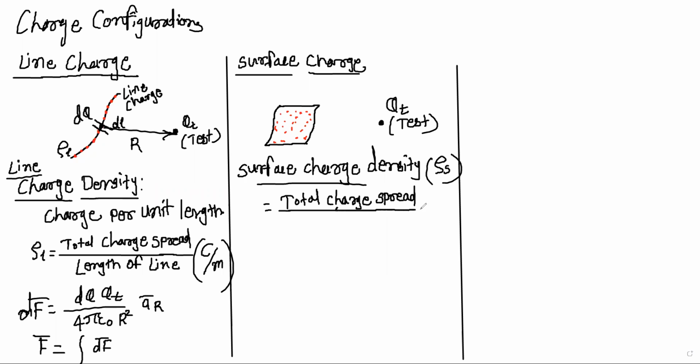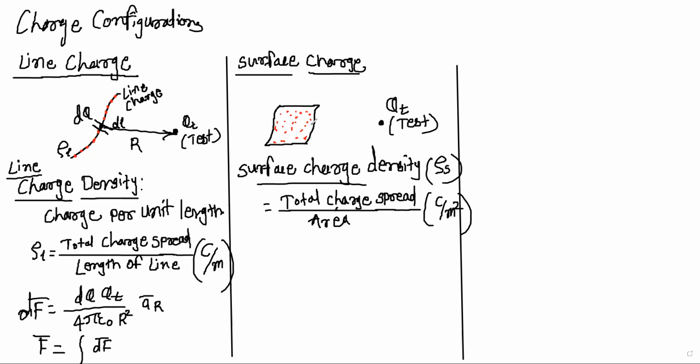Divided by, बघा इकडं लेंथ ऑफ लाईन होता, इथं सरफेस साठी काय येईल? Area. Correct, absolutely correct. Area of the surface. So what would be the unit of this? Coulombs per meter square, because unit of charge is Coulomb, unit of area is meter square, right? So this would be the unit of surface charge density.